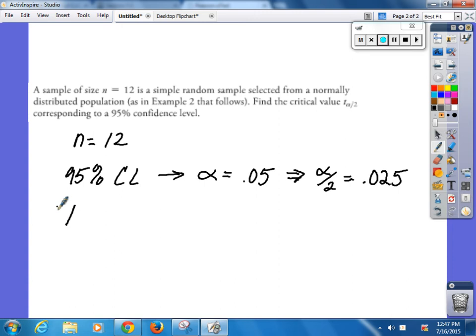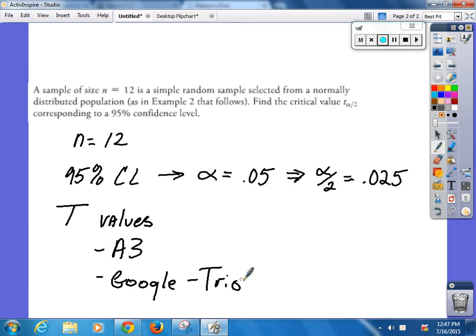Your t-values can be found in your A3 table in your book, or Google Triola 12th edition, or something like this, A3 table, or something like that. So I'm going to do that.